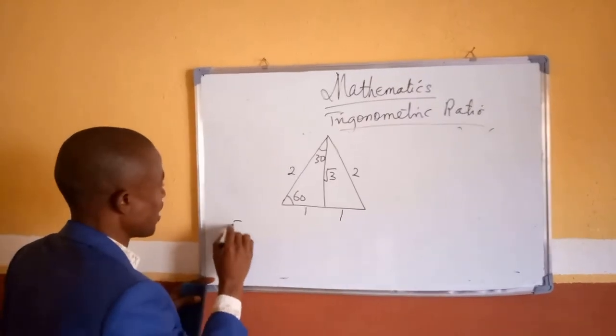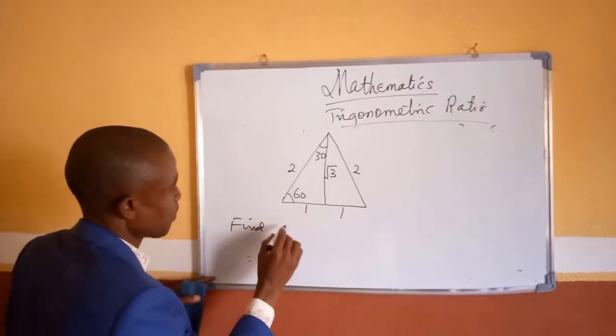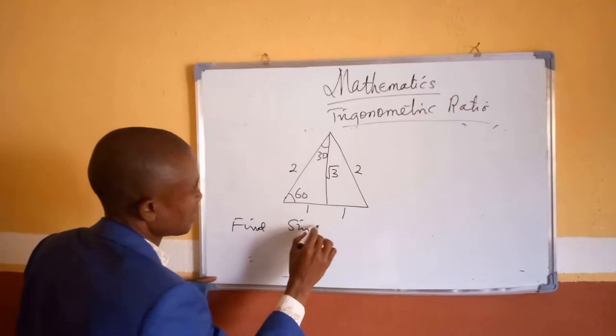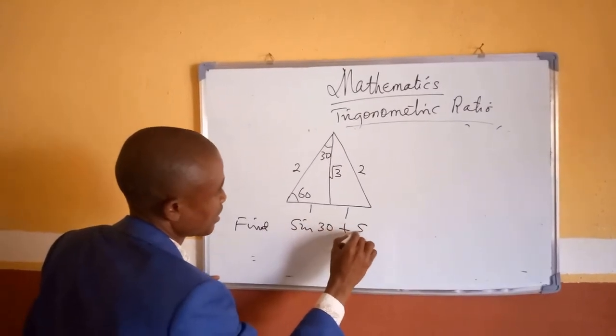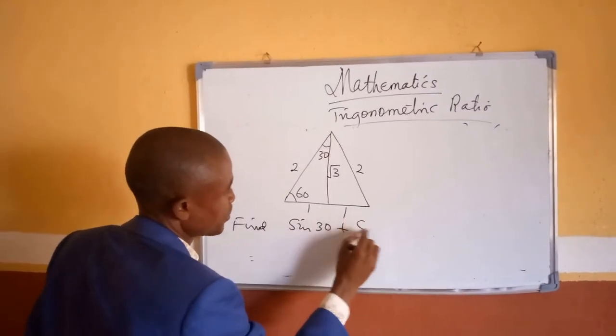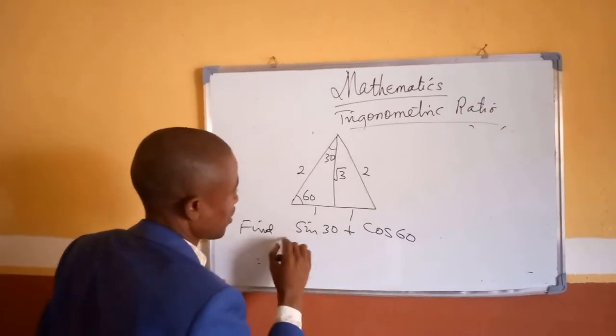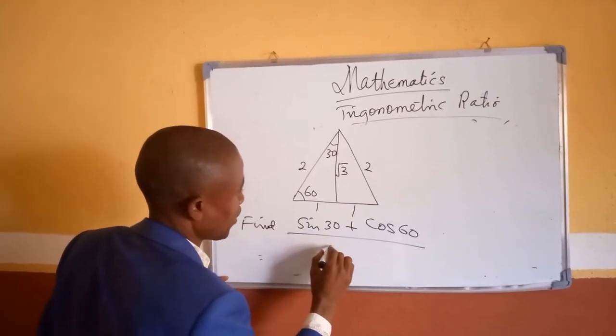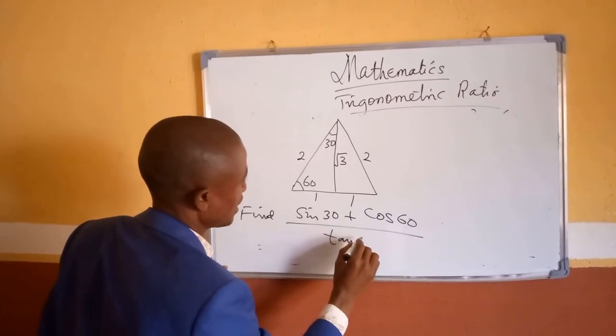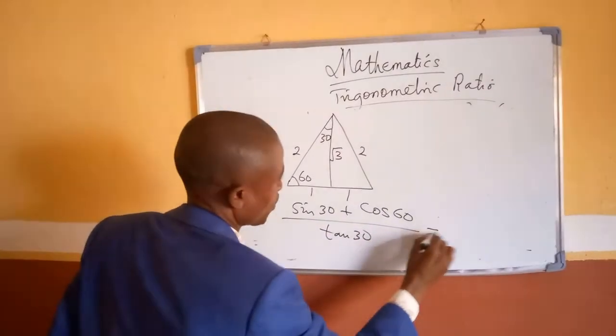For example, find sine 30 plus cos 60 all over tan 30. What does that give us?